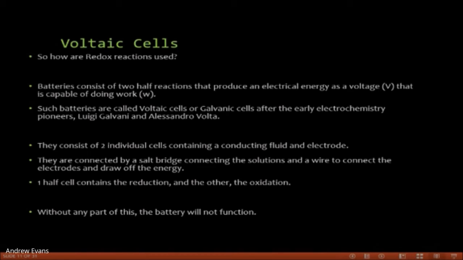But if you pick it up, there's a chance you are connecting the circuit to something else, whether you pick up both ends of the wire or you're just grounded into the ground, electricity can flow through you, which is part of the danger. Now, 1 half cell will be the reduction, the other half cell will be the oxidation. But if we are missing any one part of this, the battery will not function.